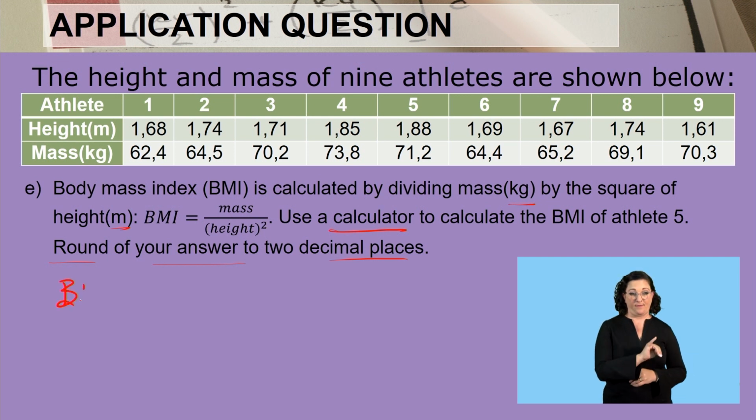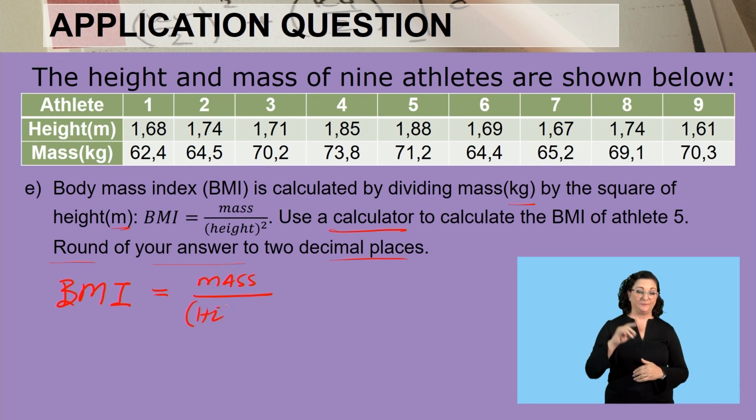So it's BMI equals, yes, mass divided by height, and height should be squared. Then we substitute. We're looking for athlete number 5, and athlete number 5 would be here.